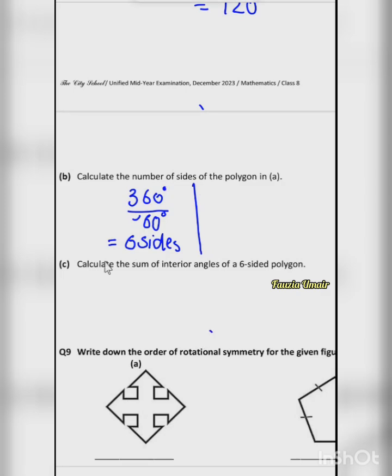Actually, this is very interesting. In part C, it says calculate the sum of interior angles of a six-sided polygon. So they are giving you a hint also. It's a six-sided polygon.